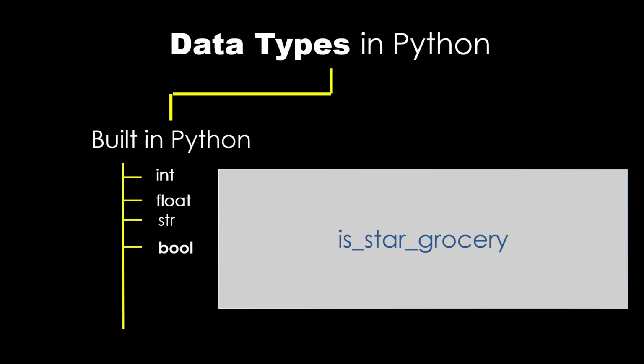Interestingly, we have already seen an example of a Boolean type. Remember, in the earlier episode, we have used the variable is_star_grocery that stores the result of a string comparison. Since the outcome of this comparison can either be a true or a false, the data type of this variable is Boolean.